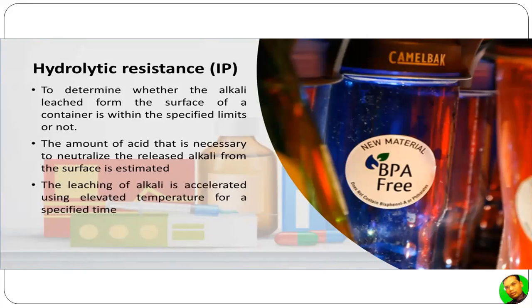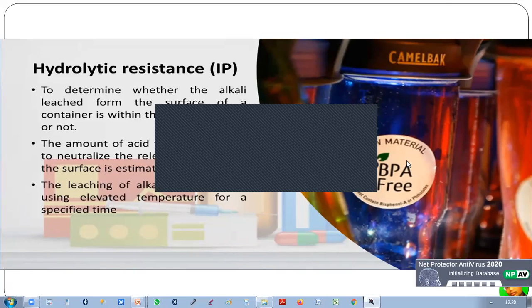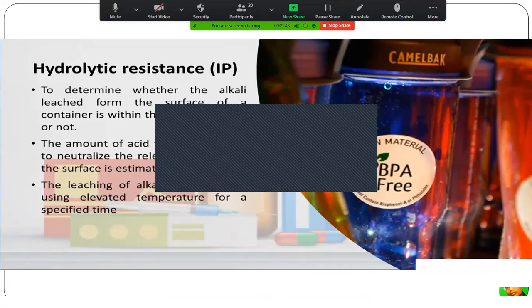That means the glass material may release alkali into the product, and this can be determined with the help of the hydrolytic resistance test, that is, the HRT.